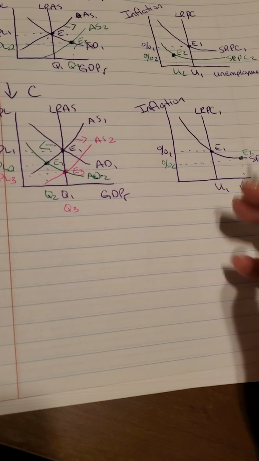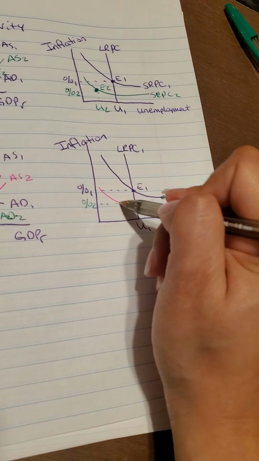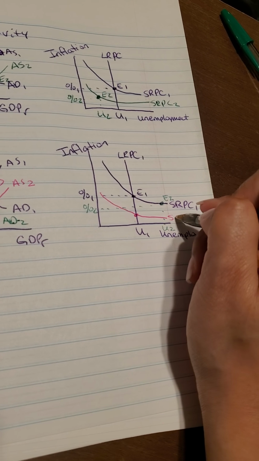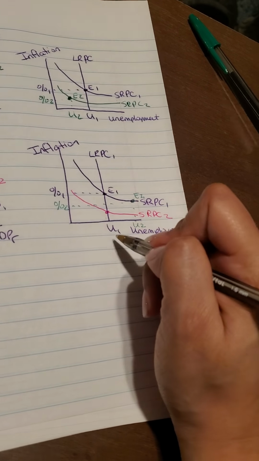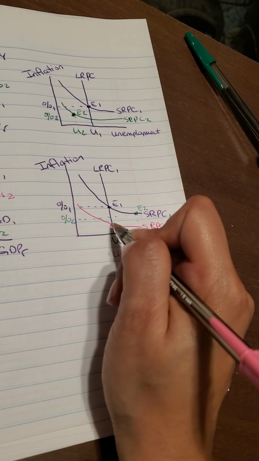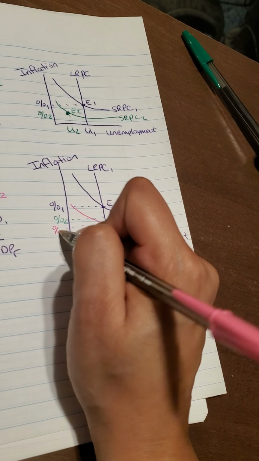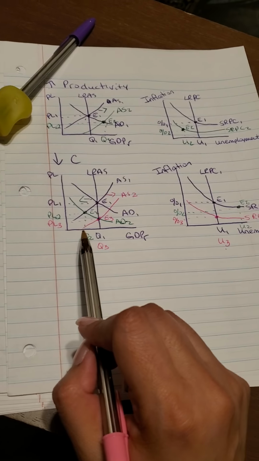So we move down a little bit. Draw your new short run Phillips curve. Label all your new points. Unemployment 3 and %3. So we went back to full employment, but at a lower price level.